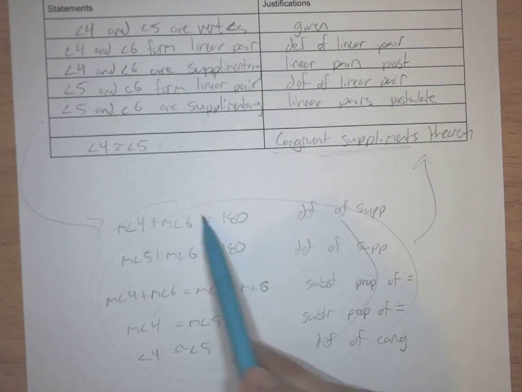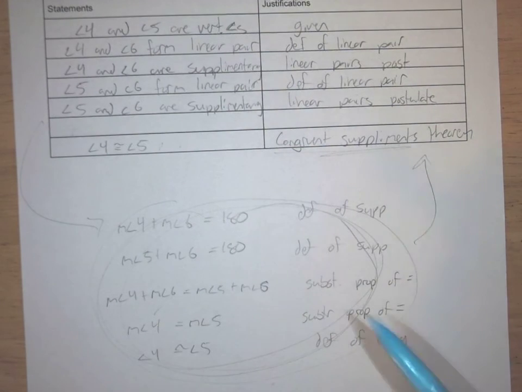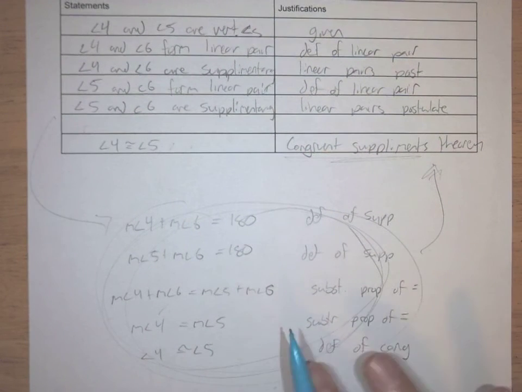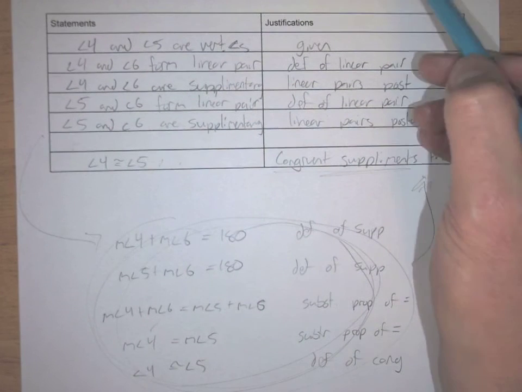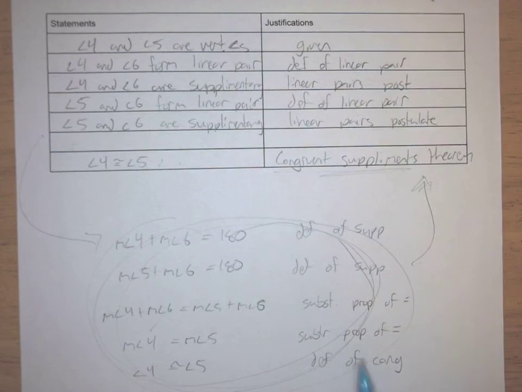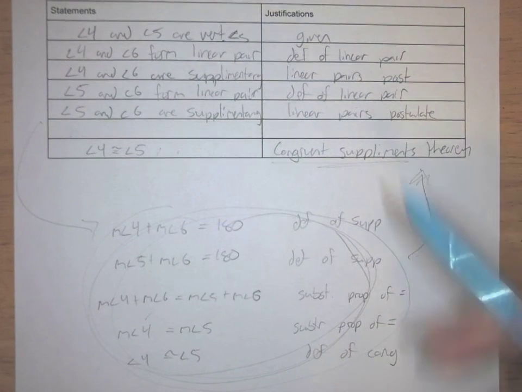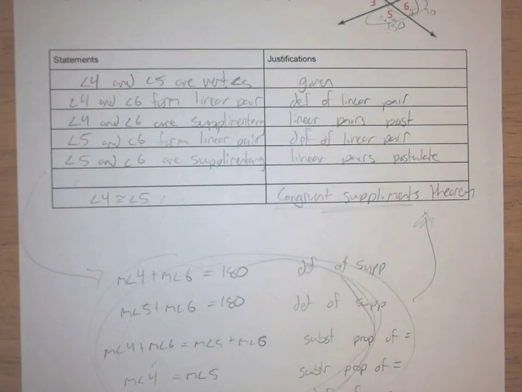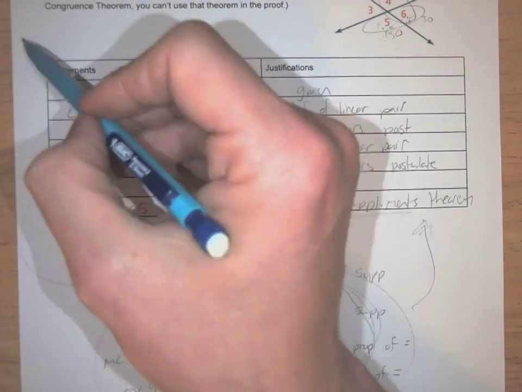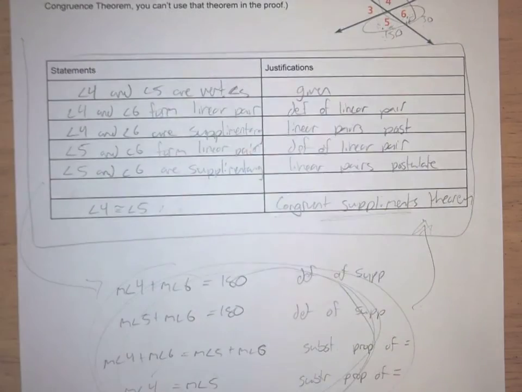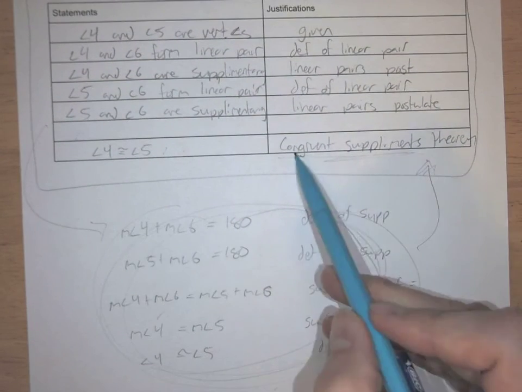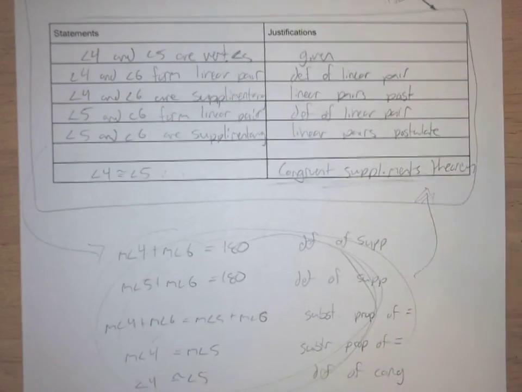We already showed all this in the congruent supplements theorem. I don't have to show you the angle measurements and the algebra to get here. I can just say, if two angles are supplementary to the same angle, they have to be congruent to each other, because I just proved that on the previous page. So this is sufficient, but you could add this part in if you didn't have this theorem. But since we do, we're good.